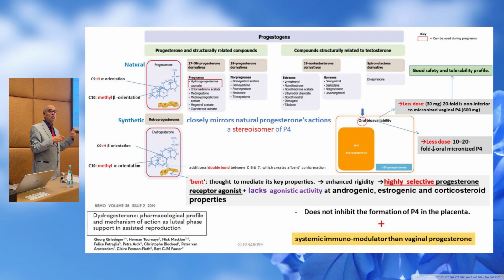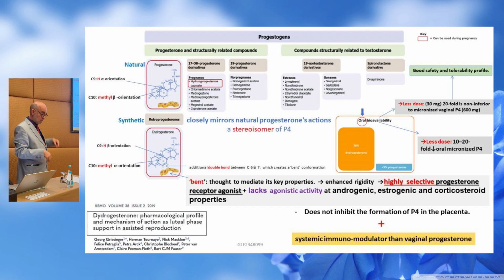Another important issue to differentiate between the natural progesterone and dydrogesterone is the avoidance of the agonist effect on androgenic, estrogenic, and corticosteroid receptors. So it doesn't have side effects regarding androgenic effect, estrogenic effect, or corticosteroid effect. This is another important issue.